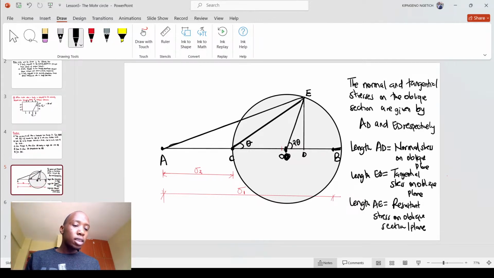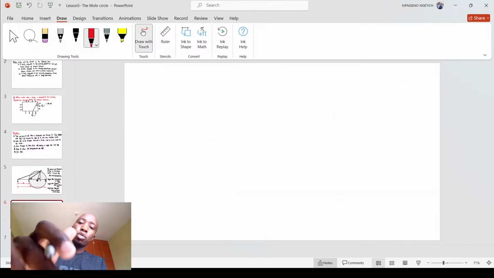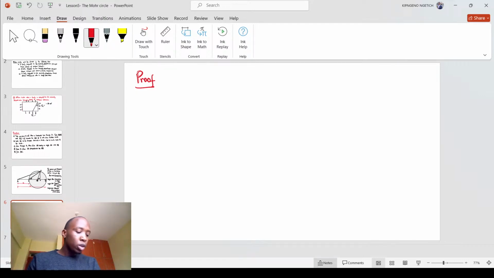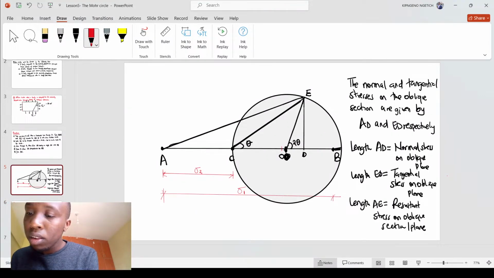When you have that, with the knowledge that you already have, let's try to see if this Mohr circle is going to give us the results that we already had in our analytic methods. So let's prove. The radius of the Mohr circle is CO or OC or OB or OE.